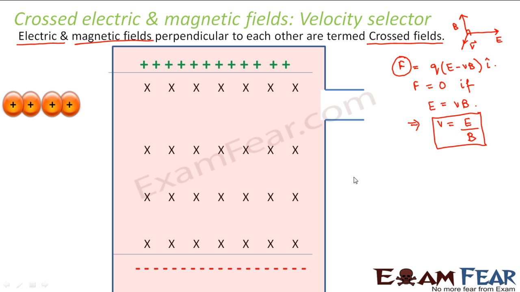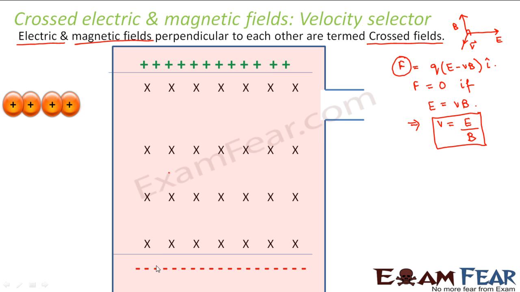Now this property is used as a velocity selector. So what do we do? Let us suppose, for example, here I have an arrangement. If you look at the diagram, you have an arrangement of electric field as well as magnetic field.